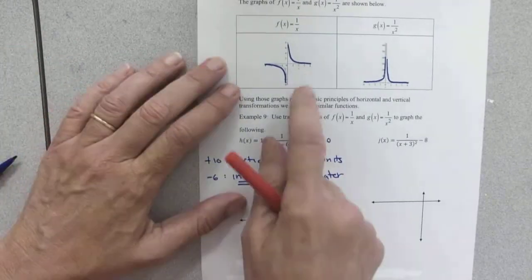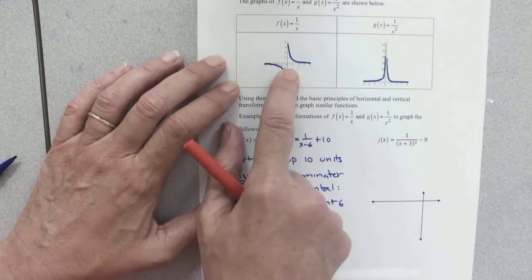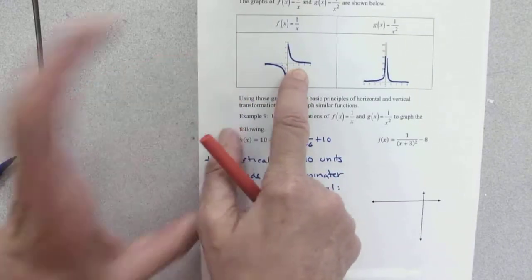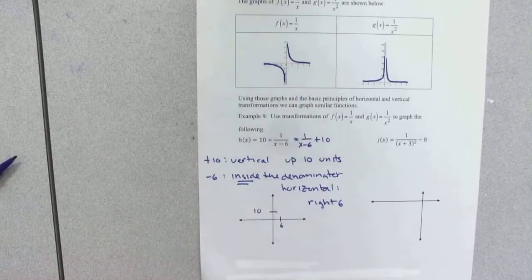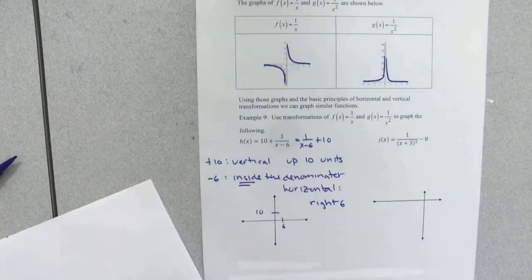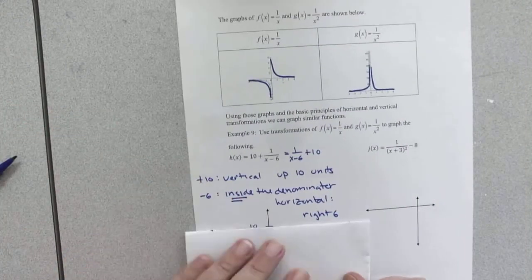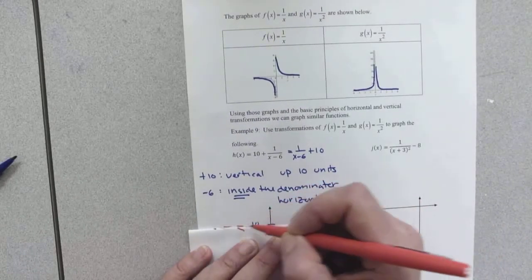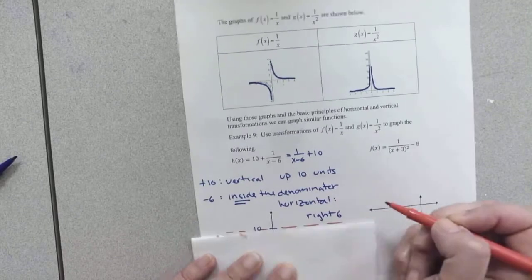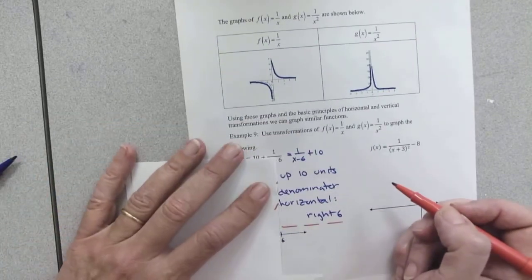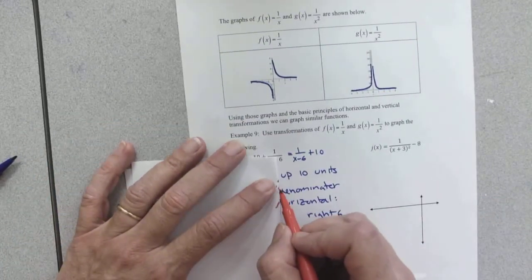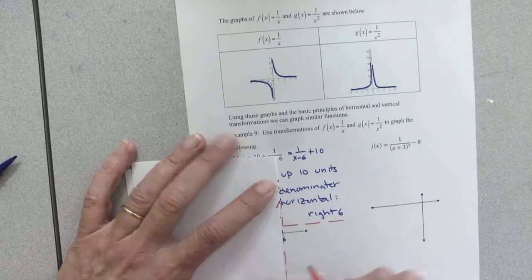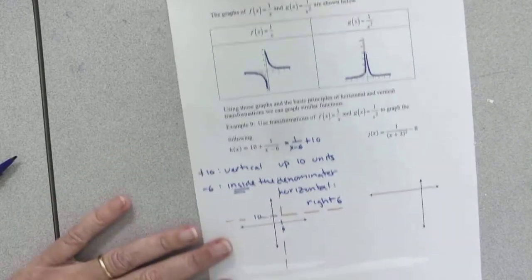Notice the axes were serving as horizontal and vertical asymptotes. And so it's like moving those axes around. Instead of my asymptotes crossing at the origin, they're going to cross at 6, 10.